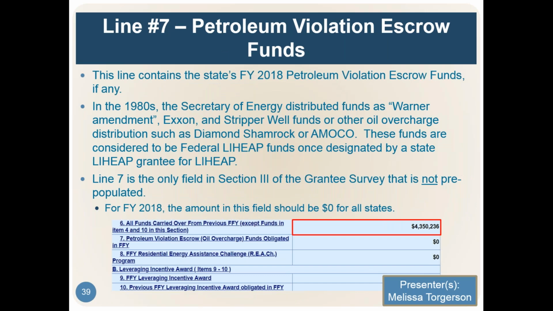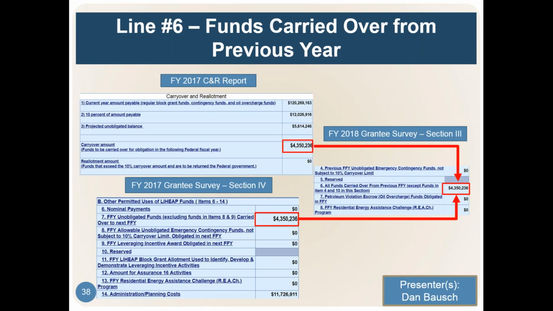Yeah, and I would go back to that and just say, remember, it's kind of like a checkbook. And I don't know how many of you have actually balanced a checkbook by hand recently, but at the end of every month, you're encouraged to say, what's my balance at the end of the month that I'm carrying over into the next month? And it's a lot like that. The carryover and reallotment report and the 2017 Grantee Survey on the left side of your screen are that month-end number, right?